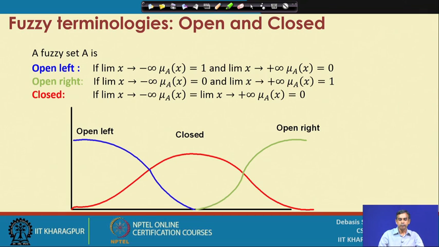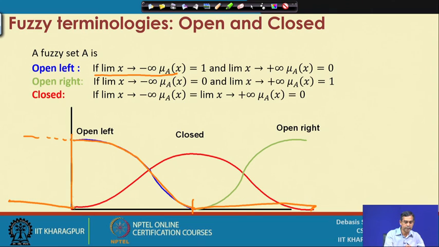The next is open and closed fuzzy sets. Here is one description of a fuzzy set, which we can say is open left. A fuzzy set is open left if it satisfies this definition: for all elements where x tends to minus infinity, the membership value is 1, and as x tends to plus infinity, it is 0.